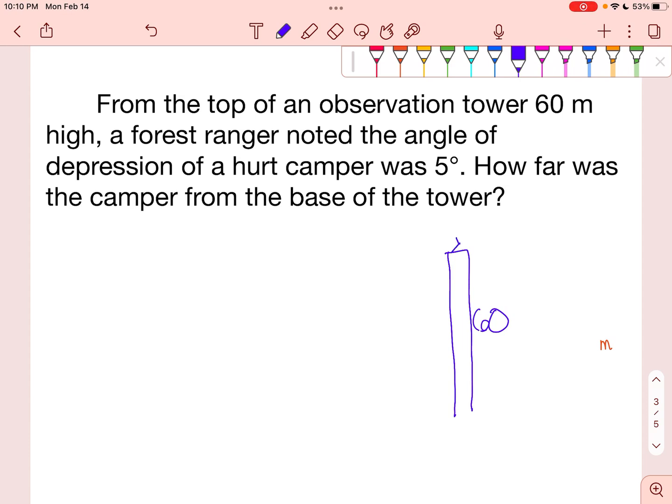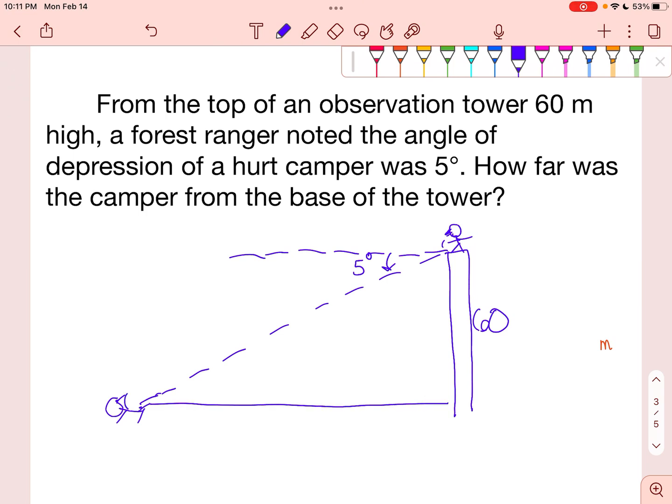So he's at the top of an observation tower, looking through binoculars, and he noticed that the angle of depression of a hurt camper, so here's his eyes normally going straight out, but he had to look a little bit farther down. That's the angle of depression at 5 degrees. And there's a hurt camper, laying down here, here's the hurt camper. I don't know why I keep putting the hands coming out of the head.